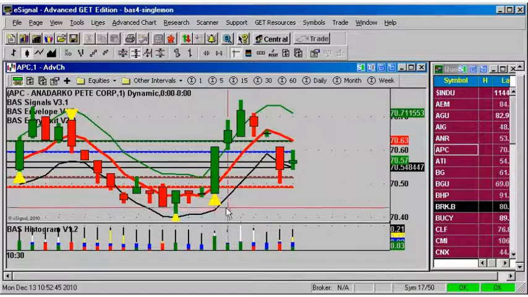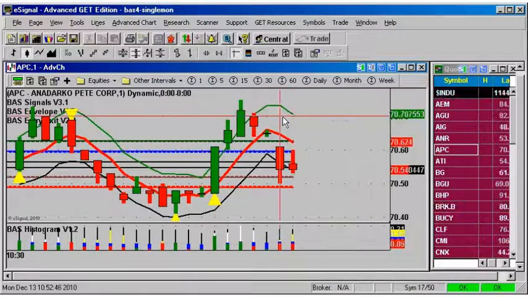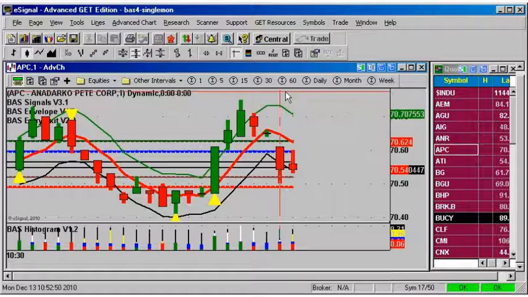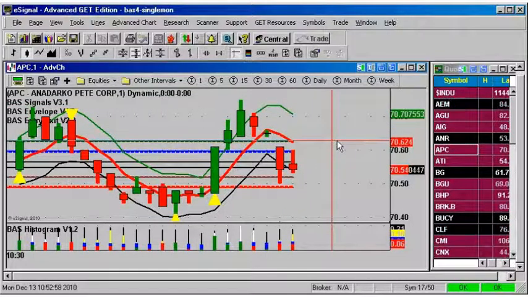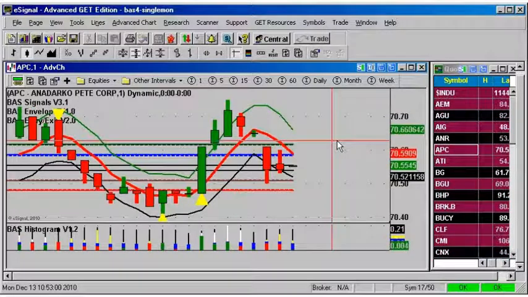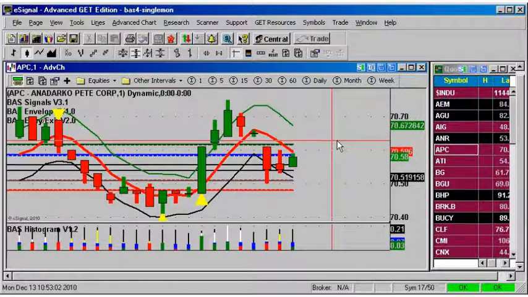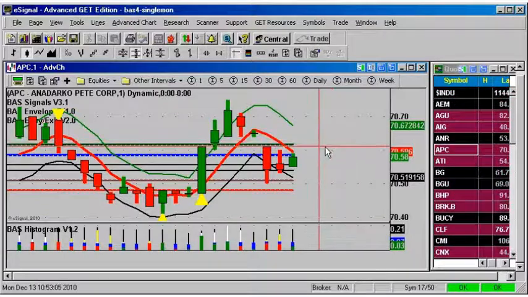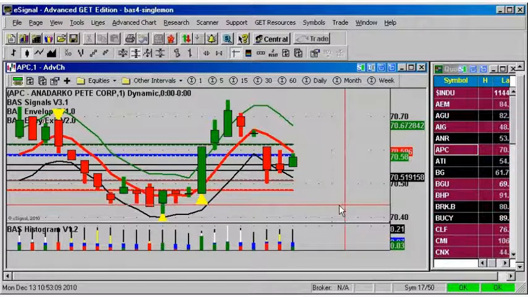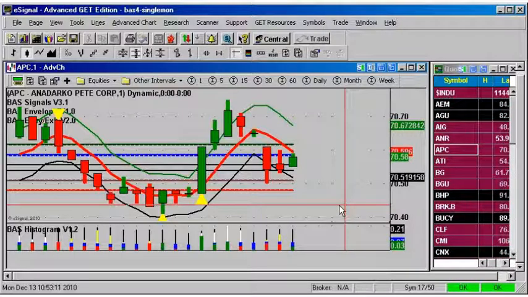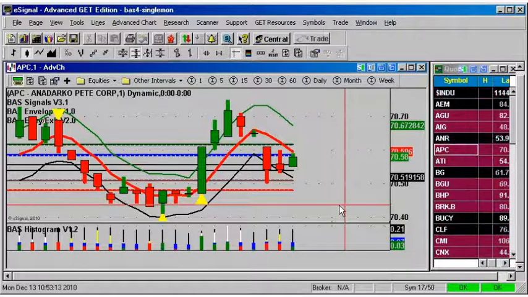Remember, if one of these down signals, either next bar or a multiple bar down signal occurs, you would probably want to get out of the trade. You can also use your other tools, Fibonacci, Elliott waves, support resistance, on multiple bar signals to help you determine when to get out of a trade. So, not limited to our BAS tools, but they're very, very powerful in themselves, as you just witnessed.